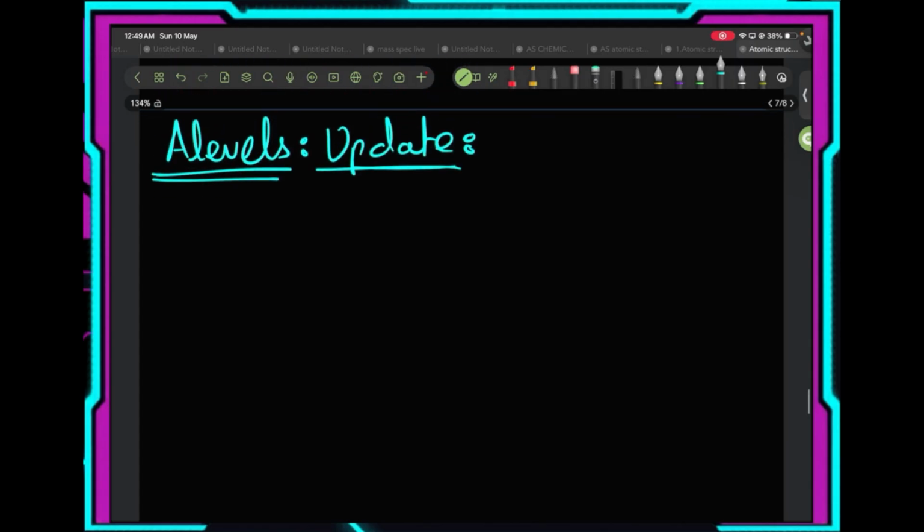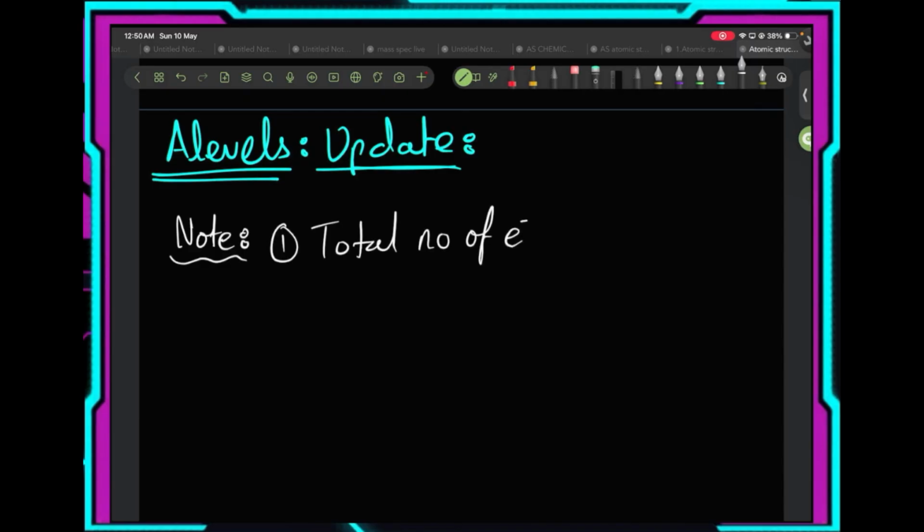Now the first update for A levels is a note. You need to memorize this note: the total number of electrons in any shell are no longer 2, 8, 8, 8, 8, 8. You will find them out using the formula 2n square.